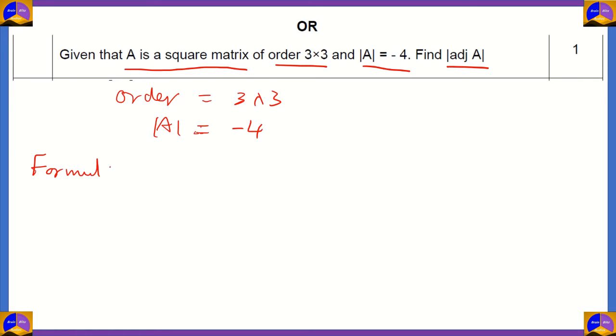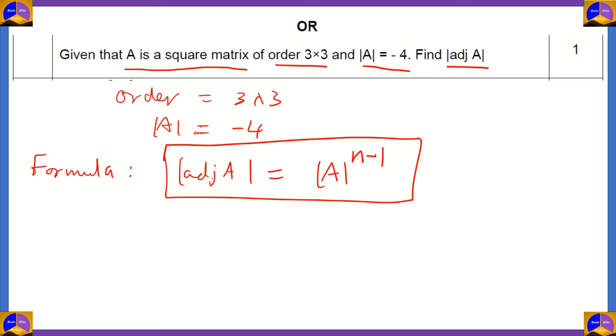Here is the formula that must be used. The determinant of the adjoint of A is equal to the determinant of A raised to n minus 1. This is the golden formula here. When we apply the formula and put in the values, it will become minus 4 raised to 3 minus 1, since the order is 3. So it'll be minus 4 the whole squared.